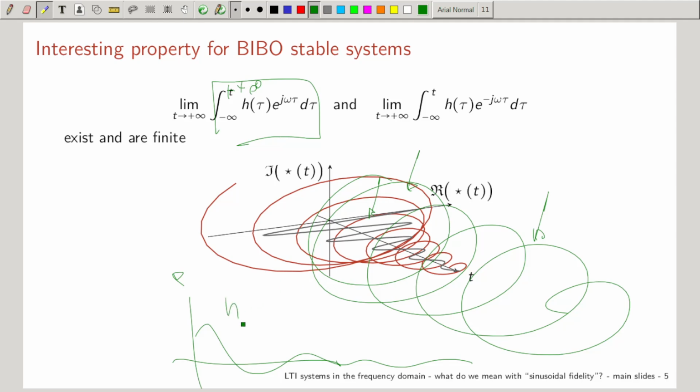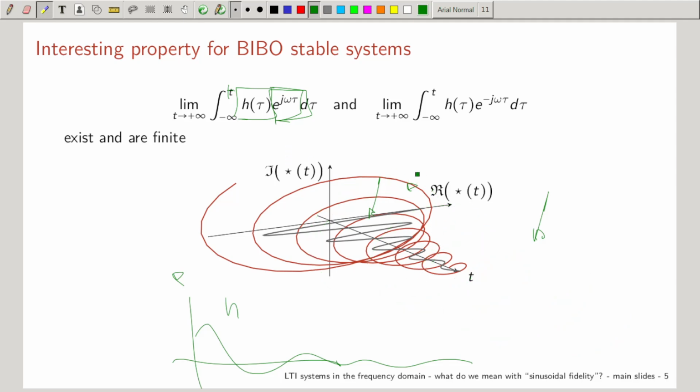If I take h that is BIBO stable, it means that h is going to go to 0. True? Are we together? And if I take the integral of a function times another function that doesn't explode, this is going to be a complex spiral that goes down to 0.